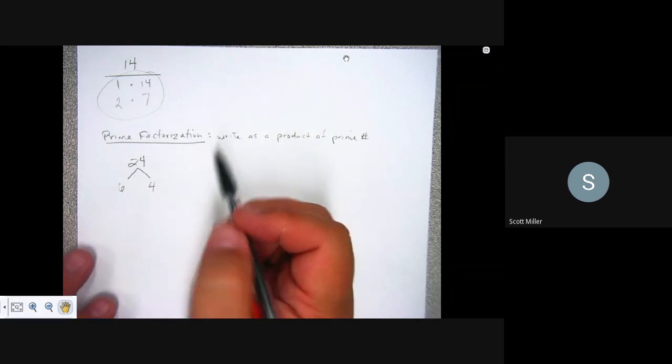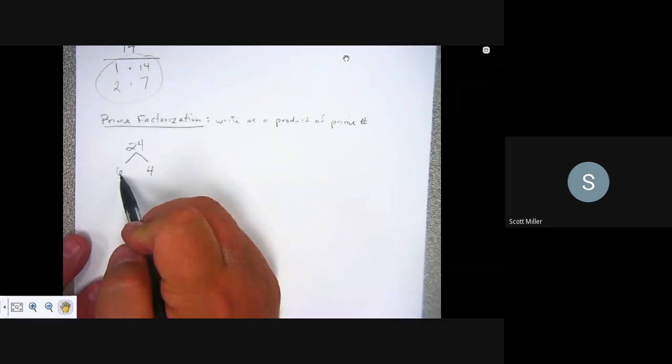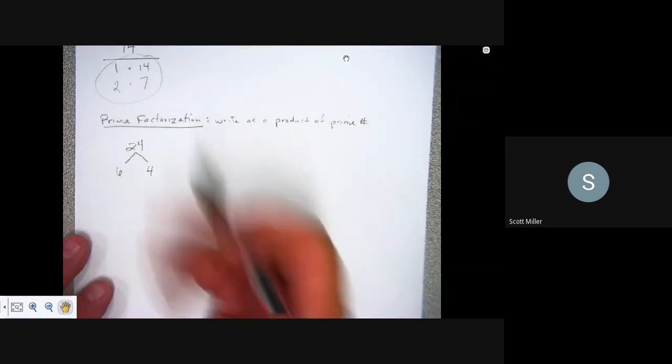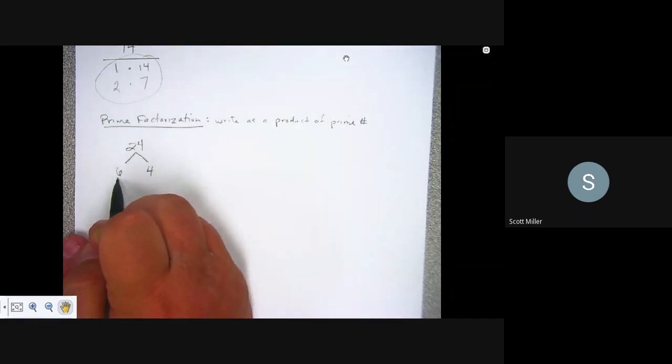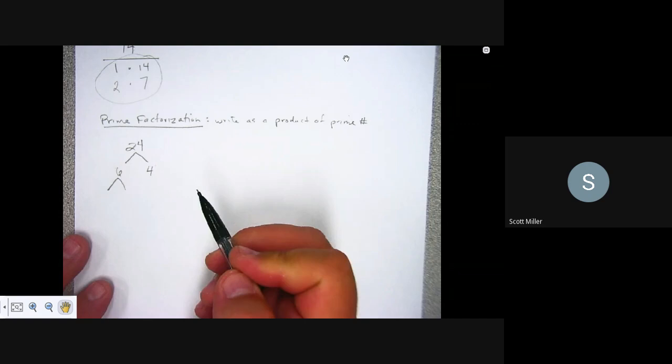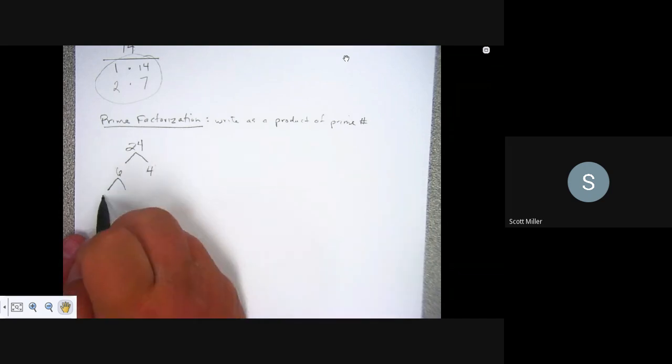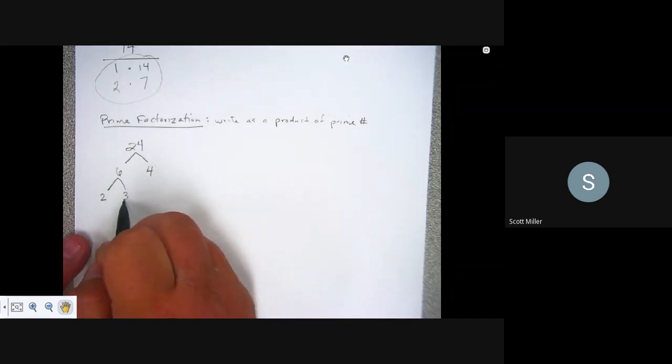So once I've done that, I ask the question, is 6 a prime number? If the answer is yes, you circle it. That branch is done. If the answer is no, then it's composite. And so then there must be two numbers that multiply to equal 6. That is 2 and 3.